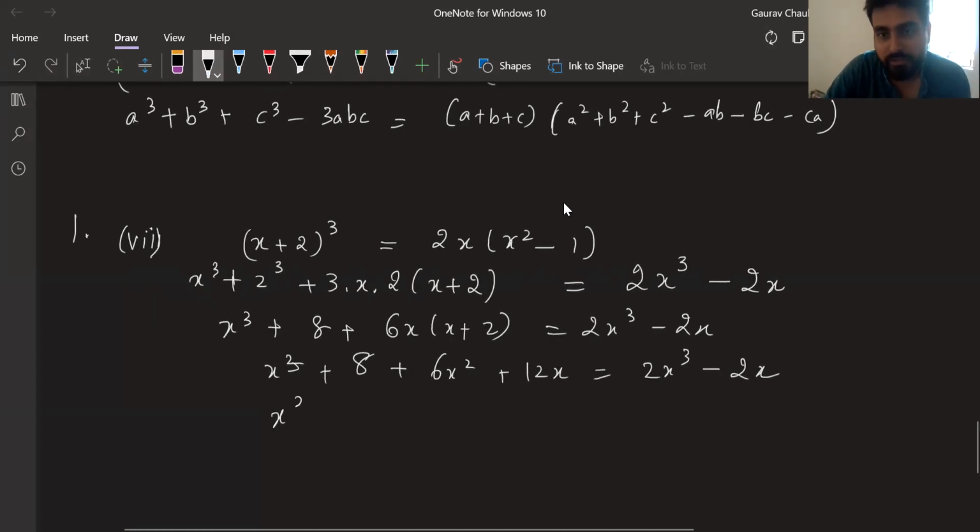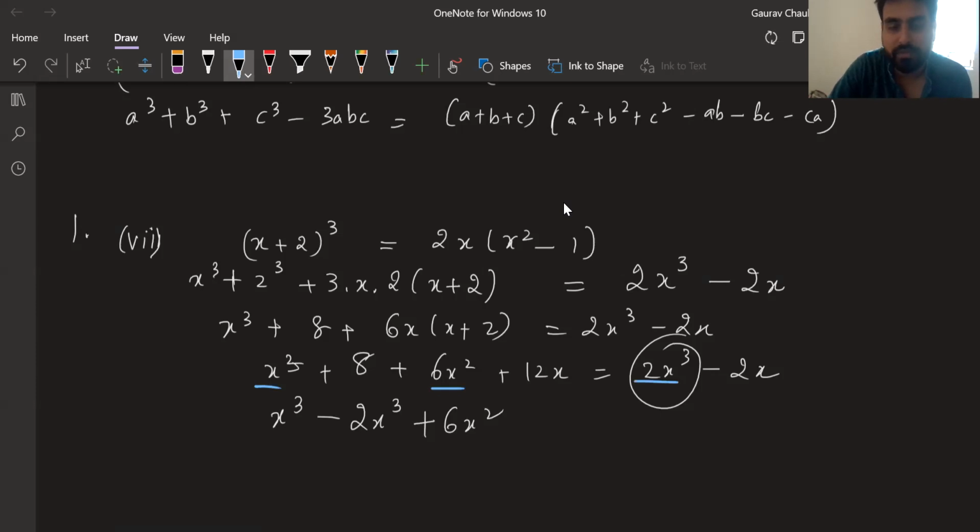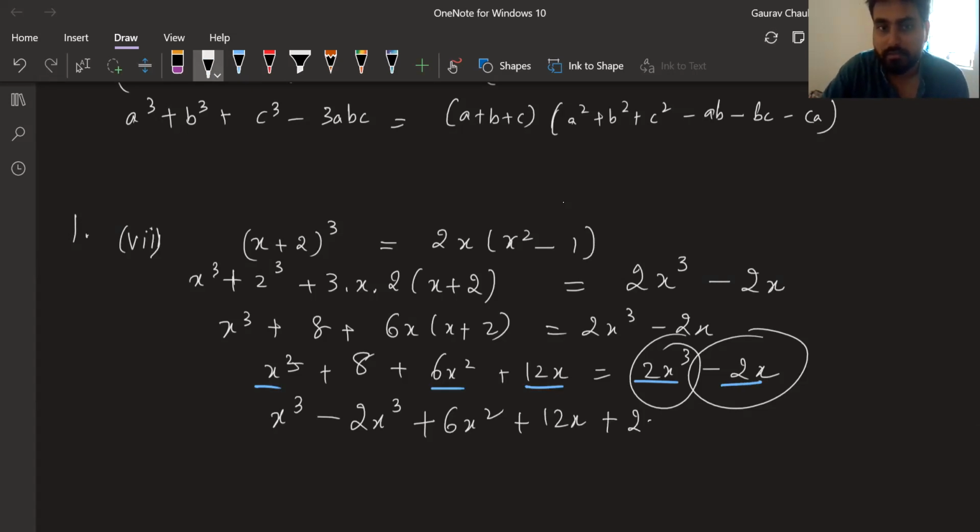So x cube minus 2x cube, plus 6x square, plus 12x, then bringing this one to the left side it becomes plus 2x, and remaining is plus 8, equal to 0.